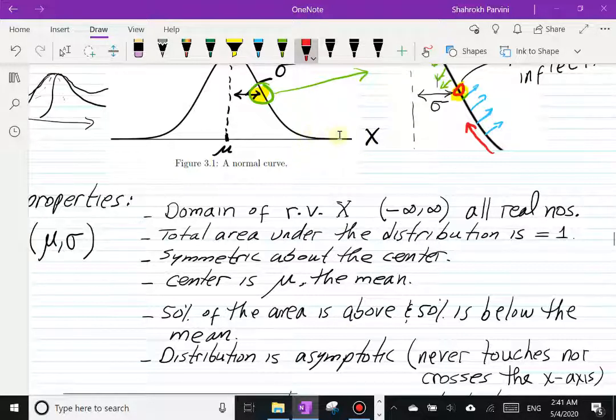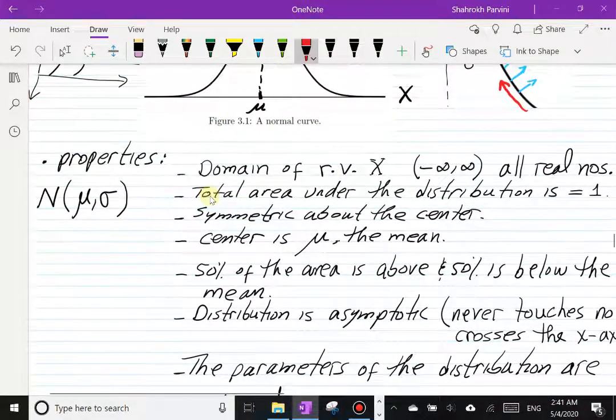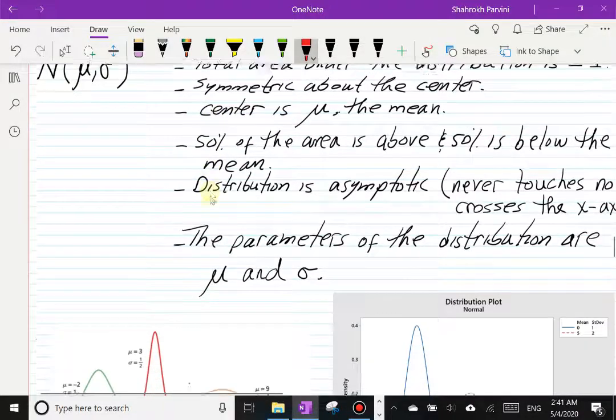They go right alongside of it in both directions indefinitely without touching nor crossing it. Okay, and I already mentioned the parameters of the distribution are mu and sigma. That means I need to know the mean, I need to know the deviation. Minitab needs to know the mean, and Minitab needs to know the deviation so it can graph it.